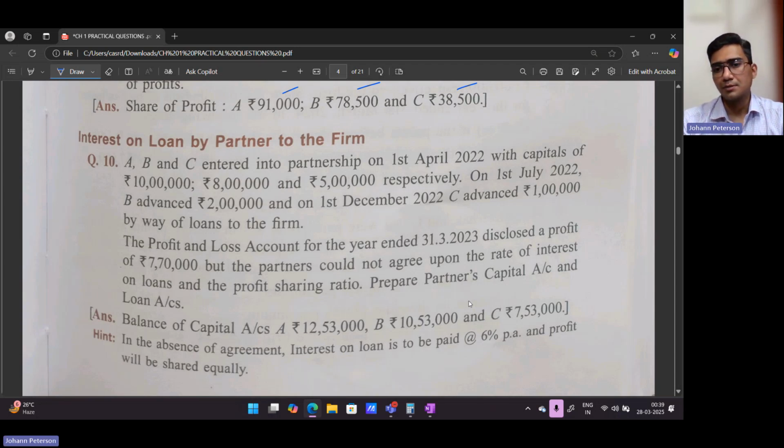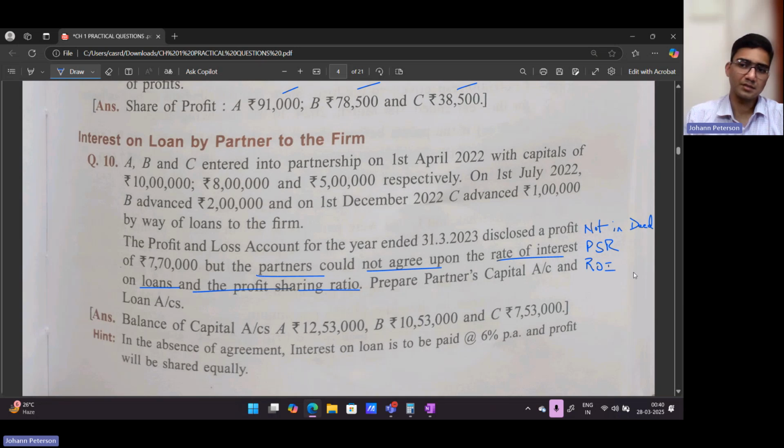But the partners could not agree upon the rate of interest on the loans and the profit sharing ratio. This means the partners were not able to agree upon the rate of interest and the profit sharing ratio. So one thing which is not mentioned in the deed is the profit sharing ratio, and it is not mentioning the rate of interest.